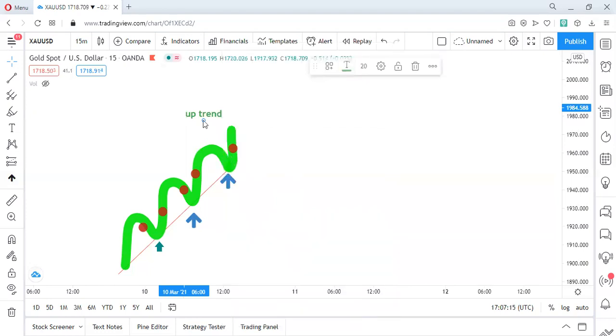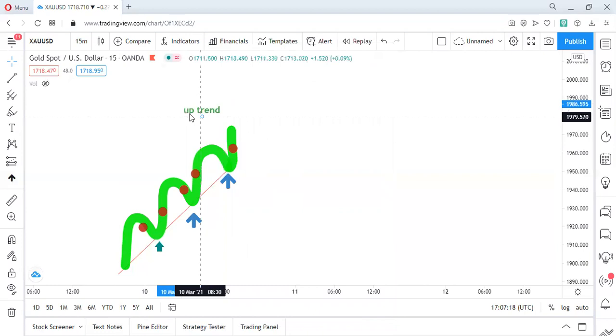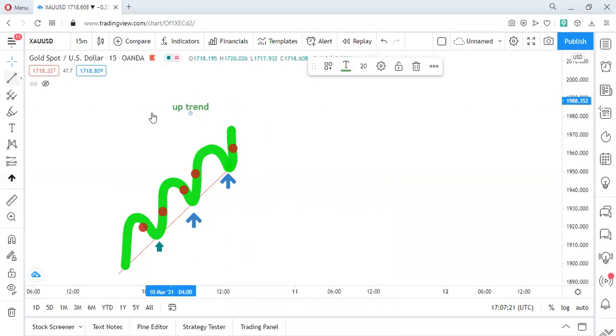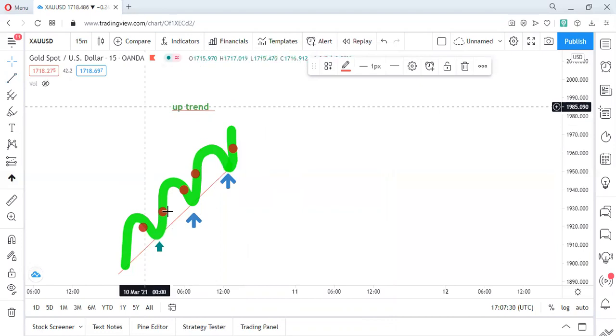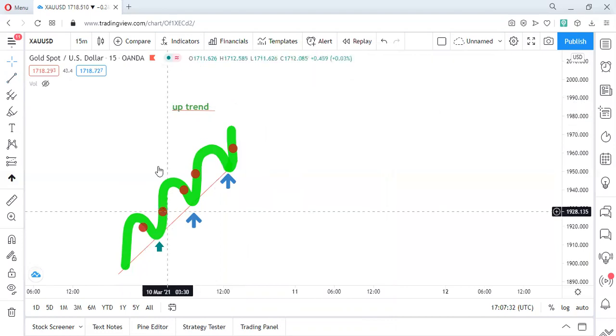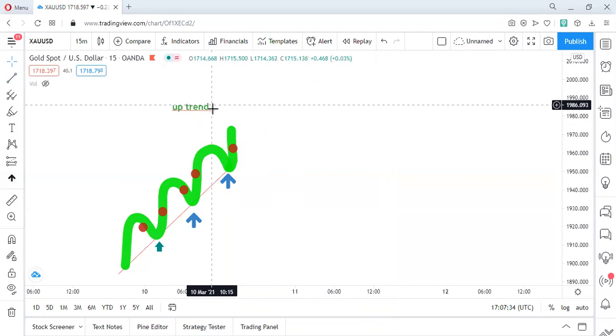So there's an uptrend for you. So this is an uptrend, guys. On an uptrend we buy, and on a downtrend we sell. So here the case is where on an uptrend we buy.